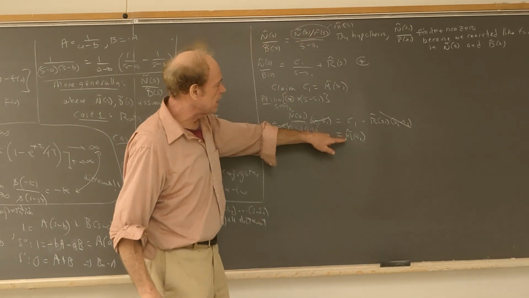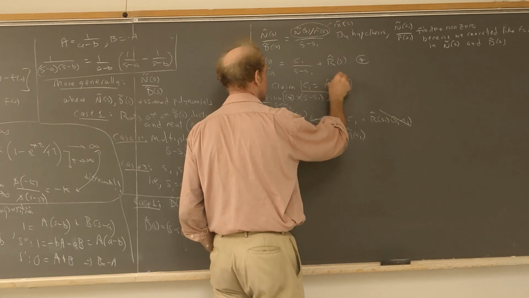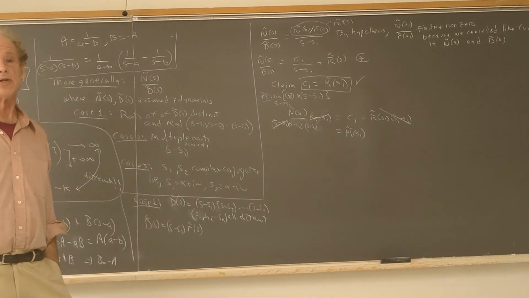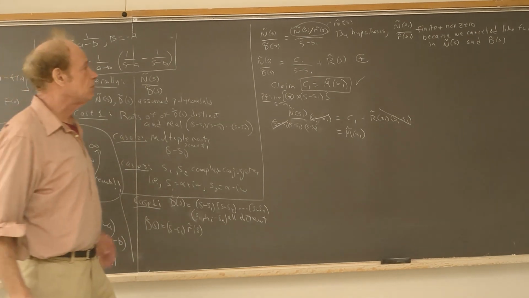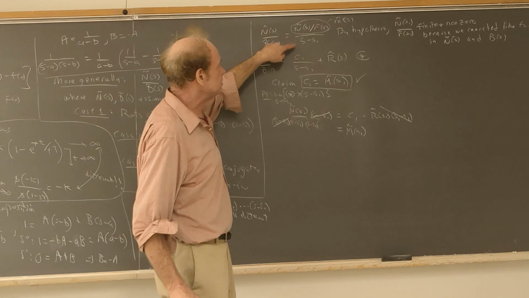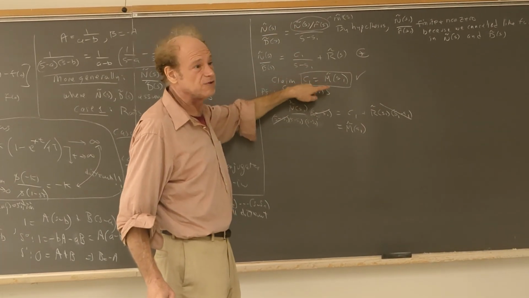So immediately I have m tilde of s1 is equal to c1. So we proved that. And let's look at an example before we go any further. So we figured out that if I have n tilde over d tilde, I just have to calculate m tilde, and I get c1 by taking m tilde of s1.